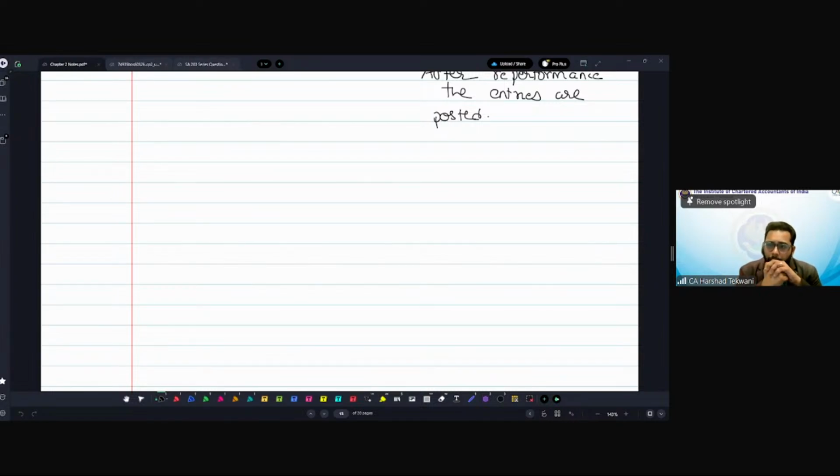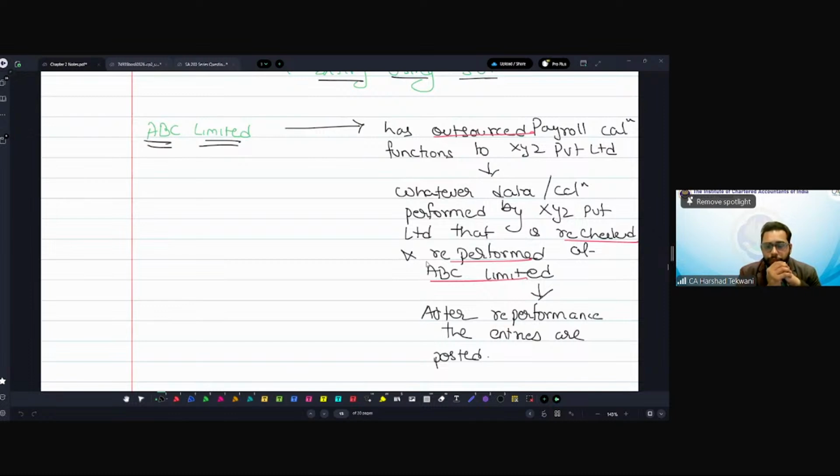And if the company will reperform all the data, then how will the auditor rely on the reperformance, that it will be correct or not? Will it be negligence on the part of the auditor?